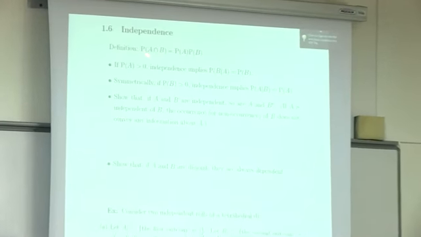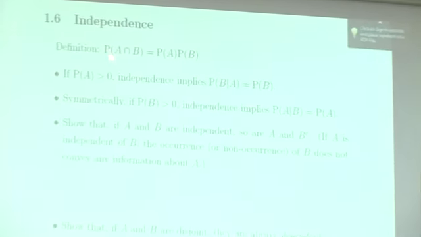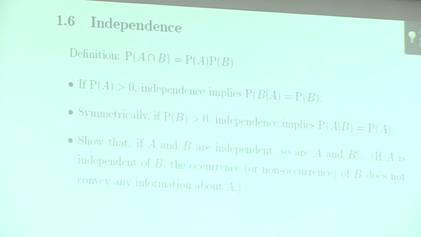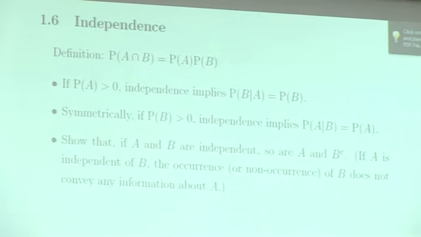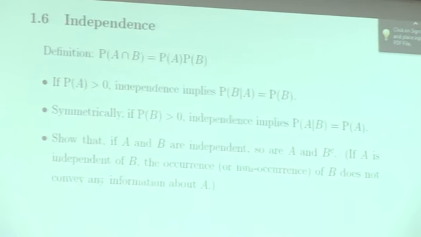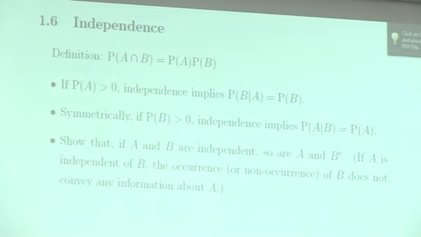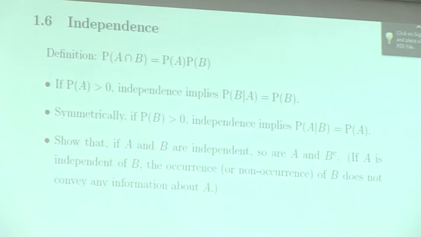Well, two events are defined to be independent of each other if the probability of them both happening at the same time is the product of their individual probabilities. So A and B are independent if the probability of A intersection B breaks up into the product P of A times P of B.